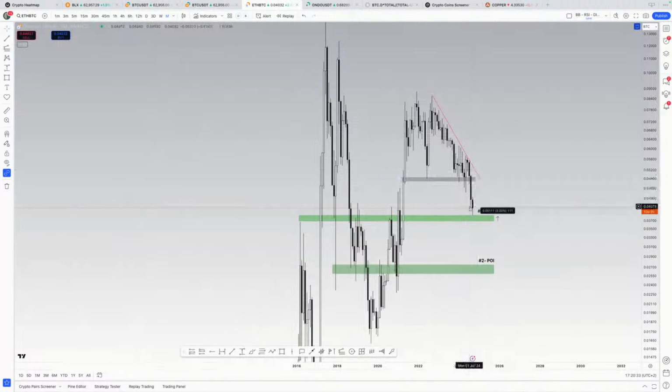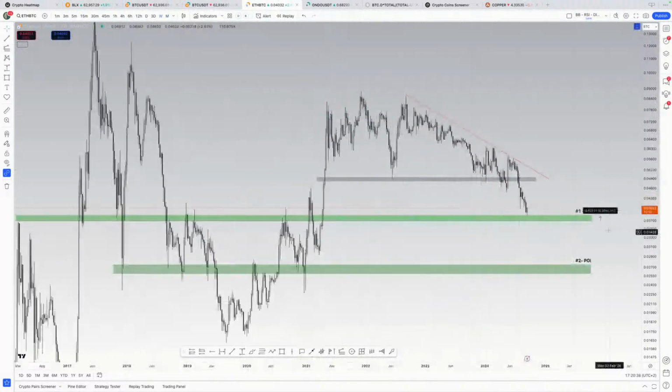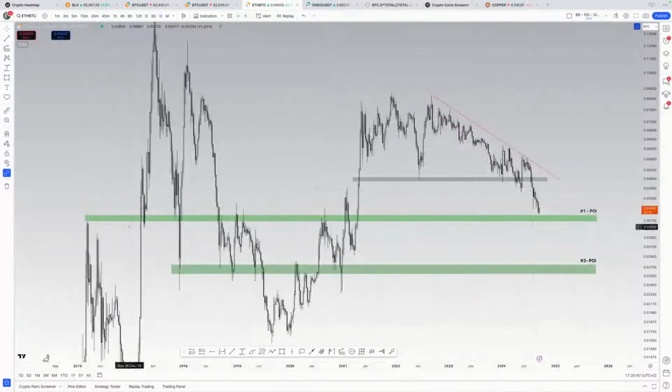No, this is not the most sexy price action, but I'm gonna be very honest. It reached my first point of interest here. To be honest, this is a multi-year level. You know how old this level is?